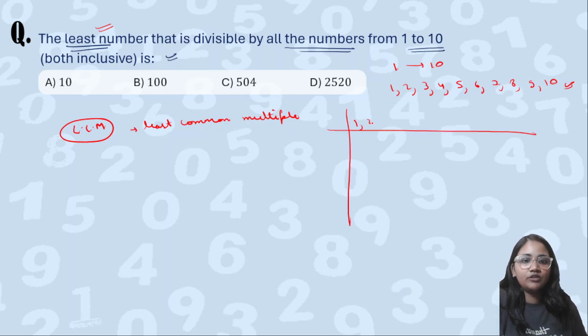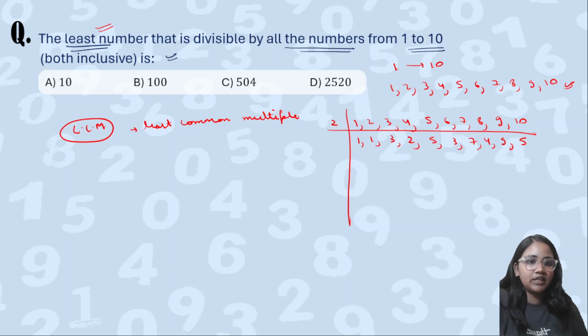If I write 1, 2, 3, 4, 5, 6, 7, 8, 9, and 10. Let's start. Okay, 2 times 1, 1, 3, 2, 5, 3, 7, 4, 9, and 5. Okay, is there any more 2?